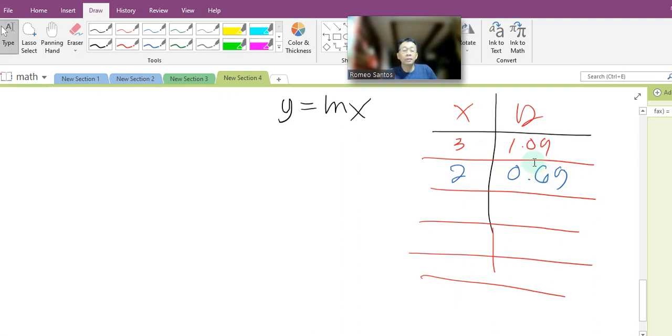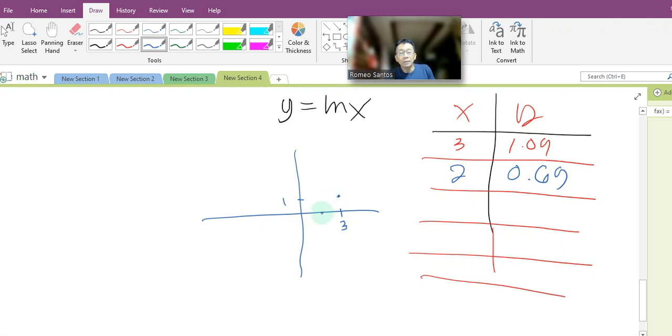So if we are trying to plot this, when x is 3, y is 1.1, somewhere here.